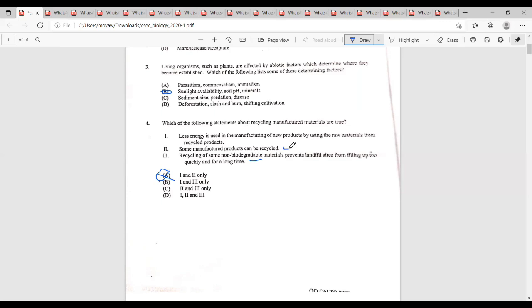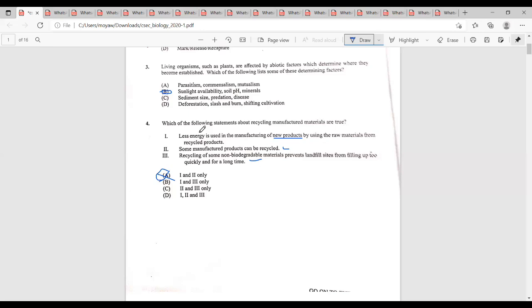We don't recycle everything. And then, 1, less energy is used in manufacturing of new products by using the raw materials from recycled products. So this one is a little tricky. Let us read it again.